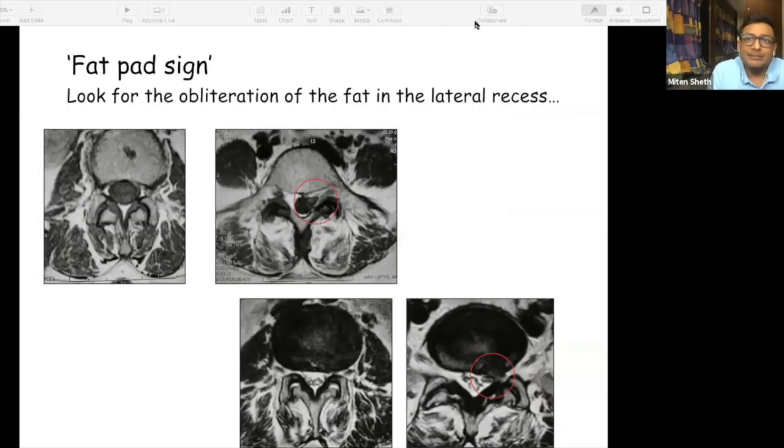Let's say you have a patient like this. You have seen an actual image of a patient who is having a lot of left-sided leg pain, but you're not able to delineate why the patient has so much leg pain, because in the T2 weighted image you're not able to really pinpoint that. That same patient, when you see the T1 weighted axial image where your cord is going to look black instead of white, you might see that one side everything is fine, but on the other side there is a problem.